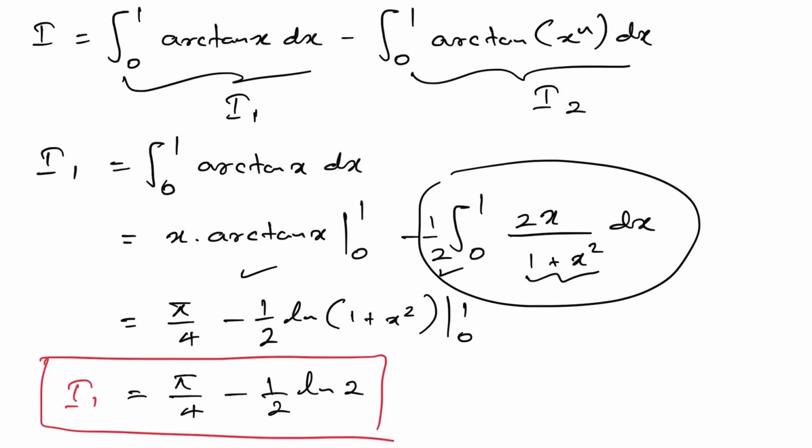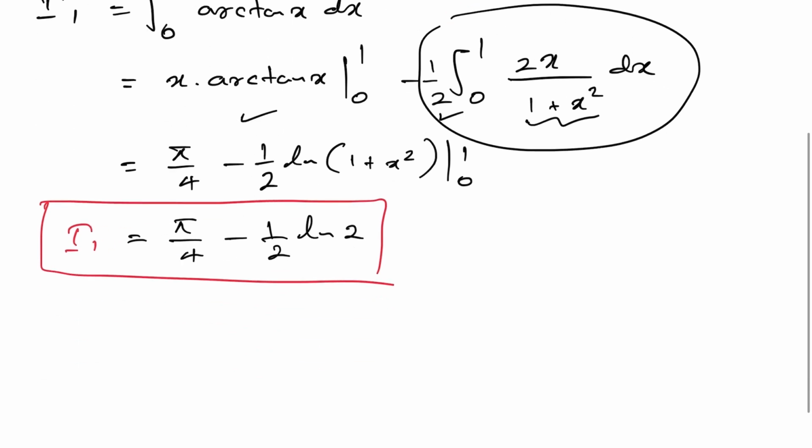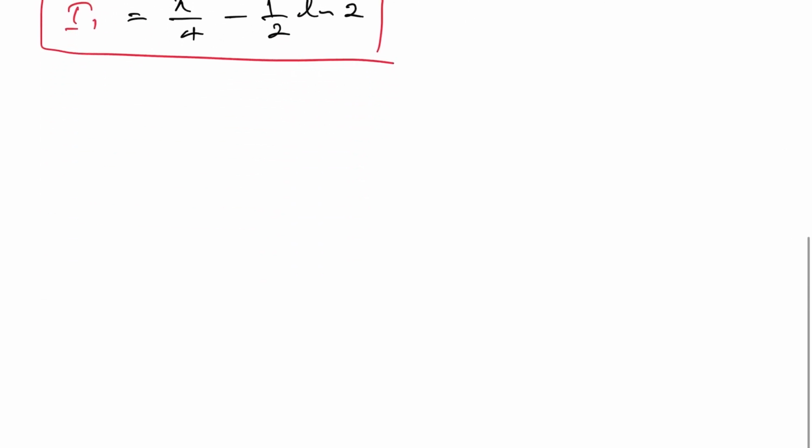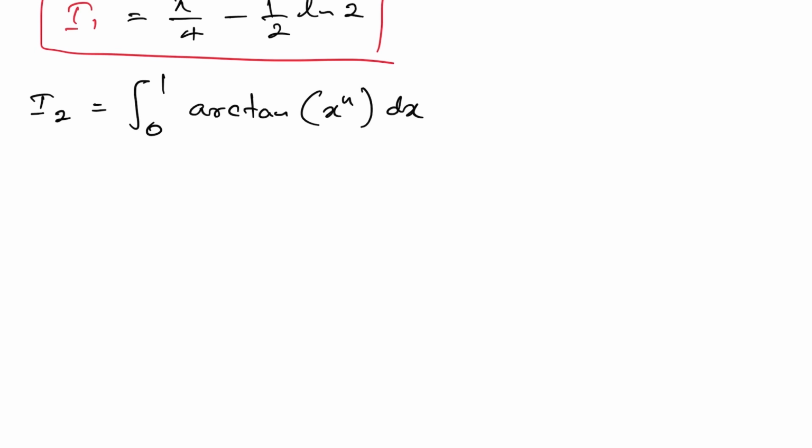Then let's go to this integral I2. I2 is equal to the integral from 0 to 1 of arctan of x to the n dx. This integral also we can do by integration by parts.